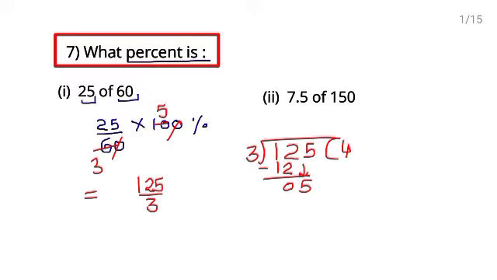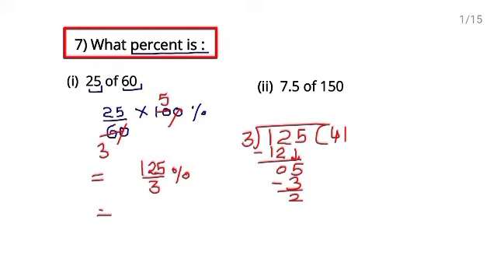Copy down the next digit. 3 1s are 3. Subtract, 2. So this can be written as 41 whole, numerator 2 upon 3 percent. This is your answer.